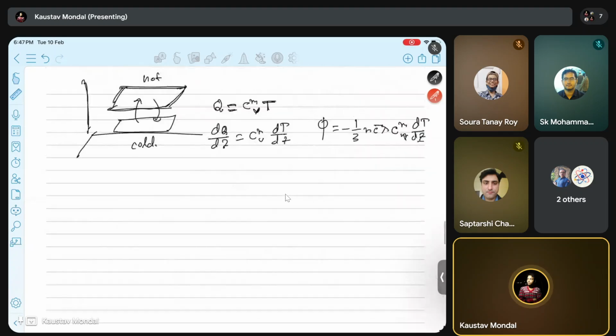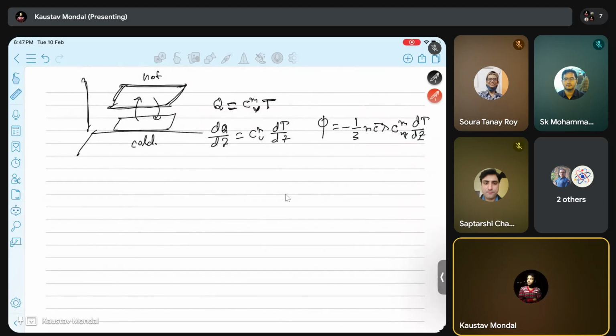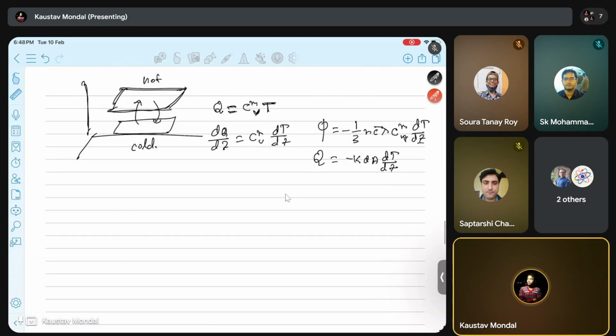In this case we will compare it with Fourier's heat law, that is Q equals minus K dA dT/dz. Comparing these, the expression of K, the coefficient of thermal conductivity, is given by 1/3 n lambda c-bar C_mV. Here c-bar is the mean velocity, and the other C is the specific heat, the heat capacity.